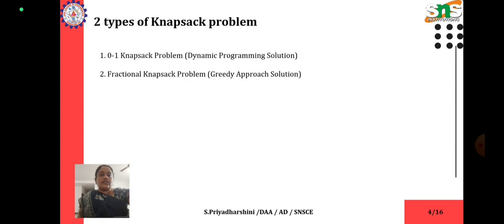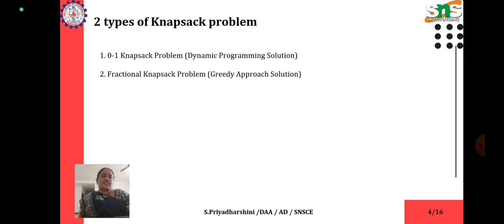I hope you all understand what the knapsack problem is. There are 2 types: one is the dynamic programming solution, the other is the greedy approach solution. The dynamic programming solution is used to solve the 0/1 knapsack problem and the greedy approach solution is used for the fractional knapsack problem.